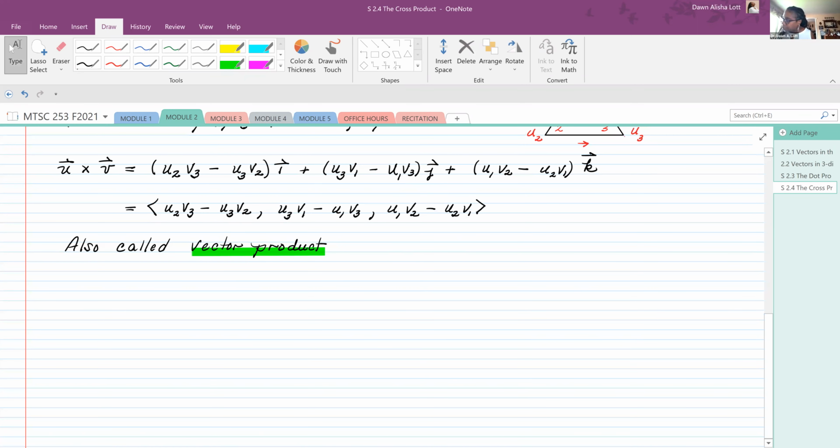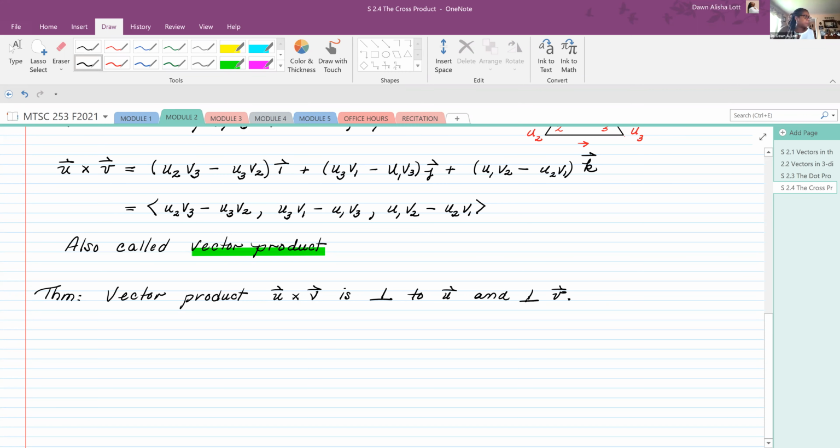All right, so theorem. The vector product U cross V is perpendicular to U and at the same time perpendicular to V. So it's perpendicular to both of them.